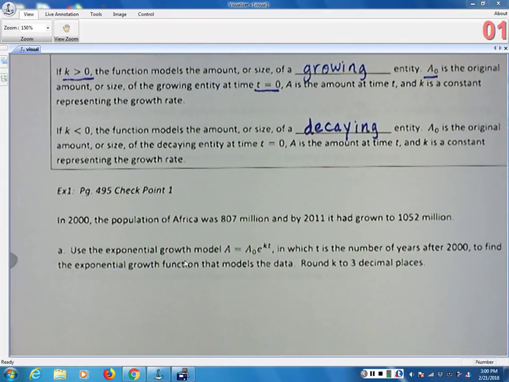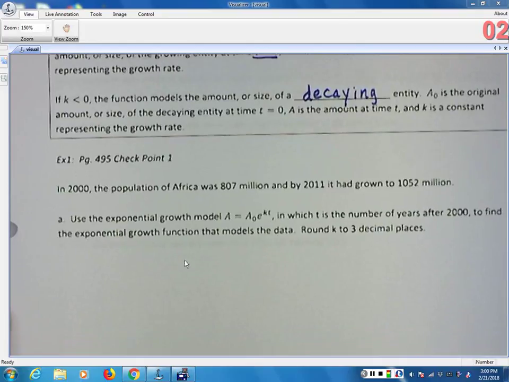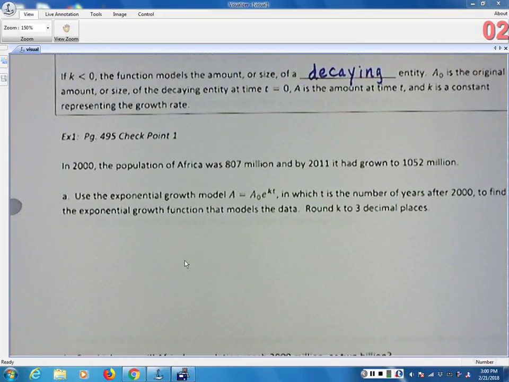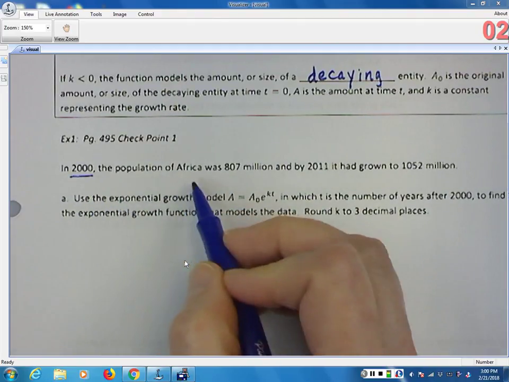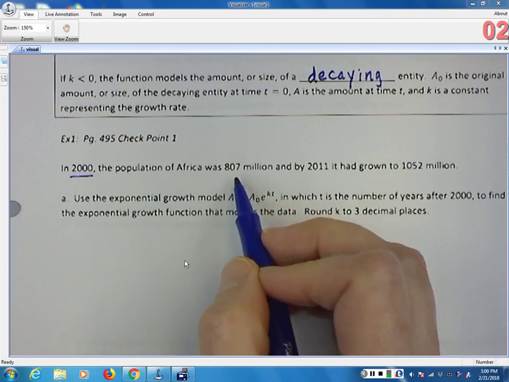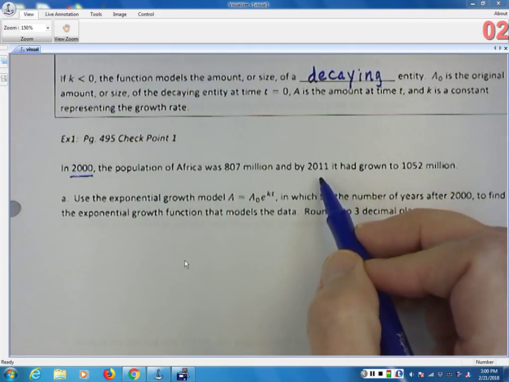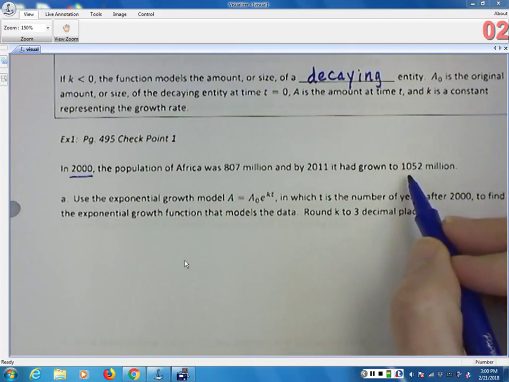So here's an example. In 2000, the population of Africa was 807 million, and by 2011, it had grown to 1,052 million.